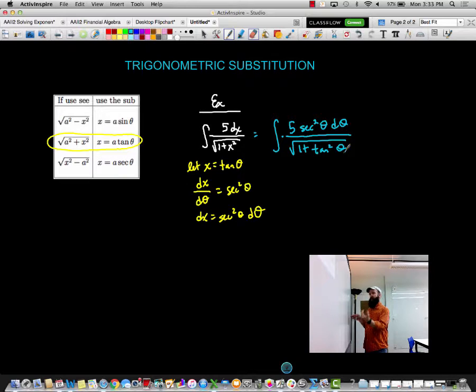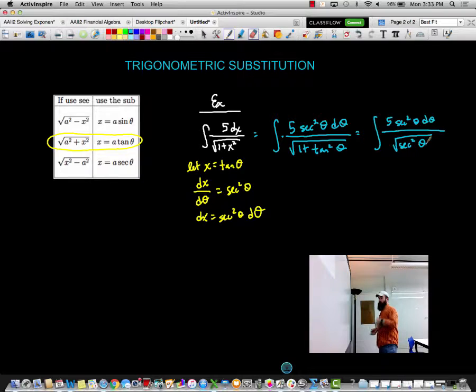Well, the nice thing about this substitution is if I replace this with tangent, I get 1 plus tangent squared, which is a Pythagorean identity. 1 plus tangent squared is secant squared. These substitutions will always yield Pythagorean identities underneath that square root, so you can replace it with a single squared term. So this is now 5 secant squared theta d theta over the square root of secant squared of theta.